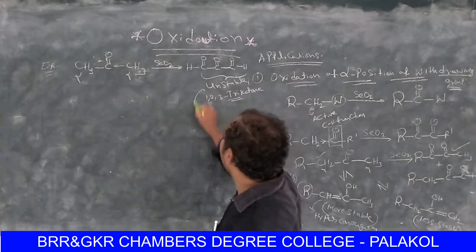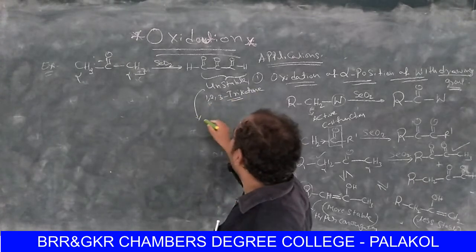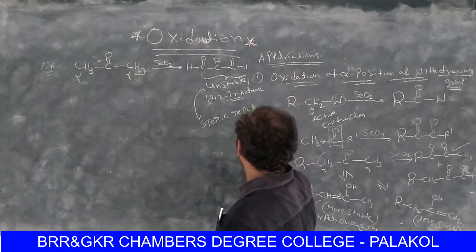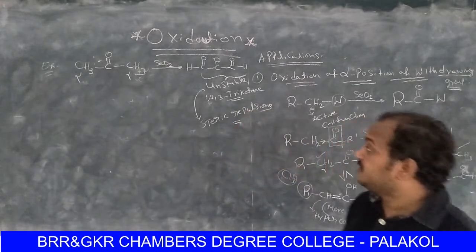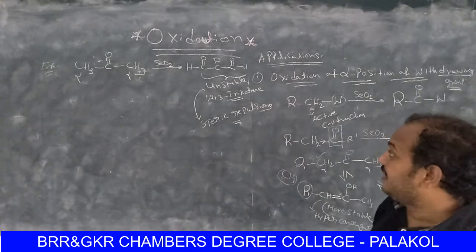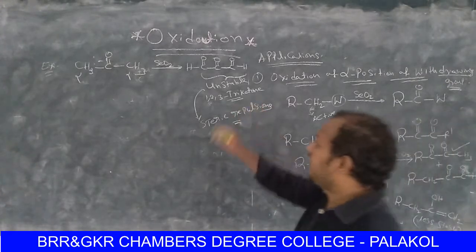Why? Because a 1,2,3-triketone is unstable because of steric repulsions. So this kind of product is unstable, and that's why we should not write this kind of product.